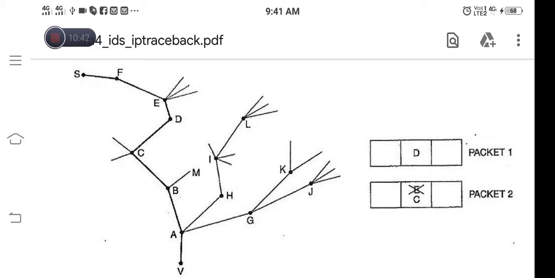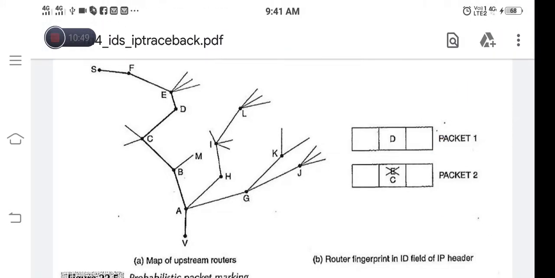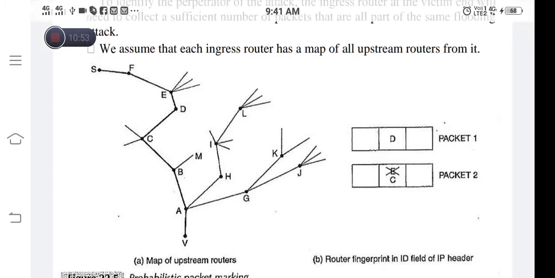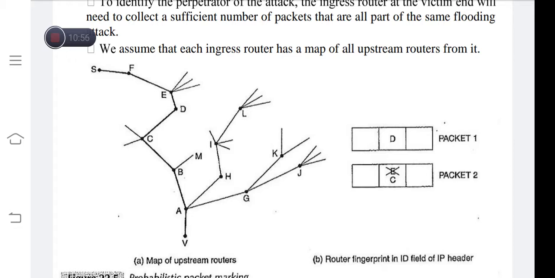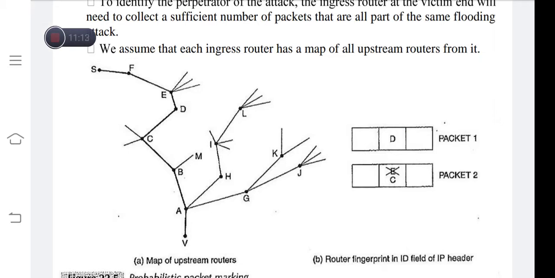the attack path. Okay, so in figure B here, we are seeing packet 1 and packet 2. Here, packet 1 was first marked by router D and not overwritten by any downstream router.